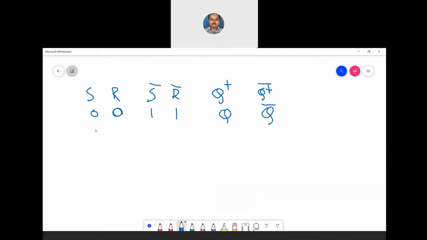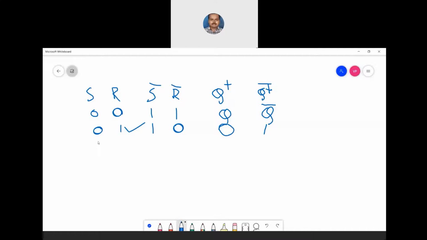Similarly, when S is 0 and R is 1, S bar will be 1 and R bar will be 0. You can just remember this: R is 1 means it's a reset state, so the output is equal to 0.